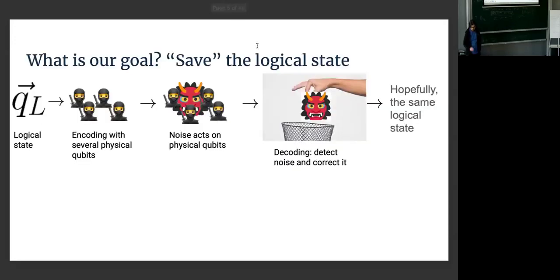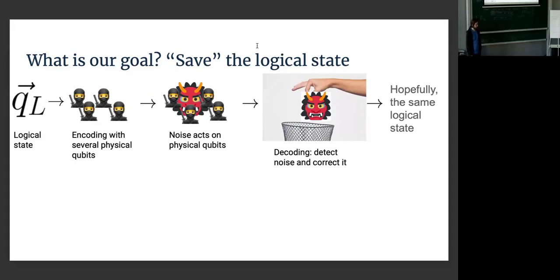Okay. Of course, I'm sure you're all experts, but just for convenience of the talk, I will briefly set up what our goal is, what decoding is, what a code is, and everything like this. So we have some logical state, right?